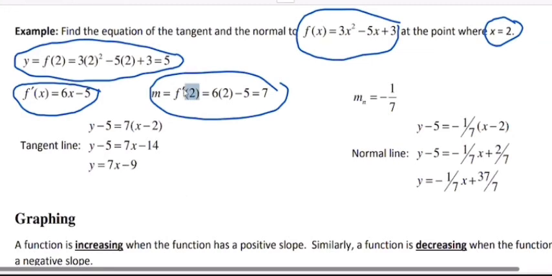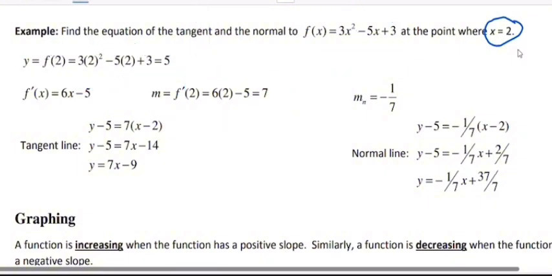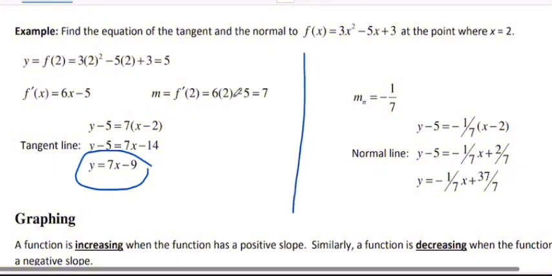Give me 1 second, I'm going to clean up right now. So what we got right now is this. That is the tangent line that we just talked about. Now, if I want to get a normal line, since my slope equals 7 here, I'm going to get the negative reciprocal of that.